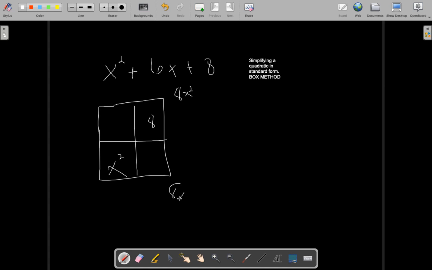So we're thinking about what two numbers multiply to equal 8, but also add up to make the middle number, 6.